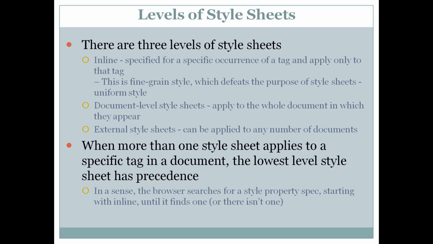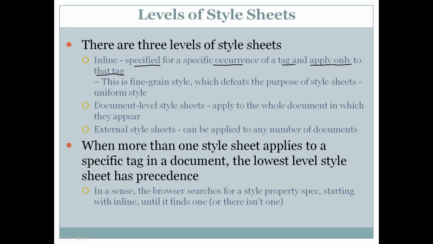An inline style sheet is specified for a specific occurrence of a tag and applies only to that tag. If you want to apply any color or other formatting details to a particular tag, you can do so by using an inline style sheet.